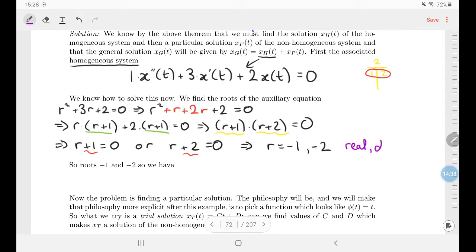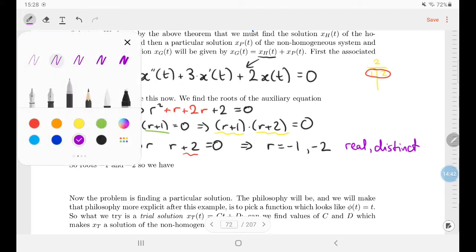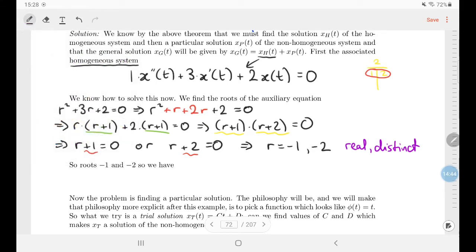So this is the easiest case. In this case, this is now not the general solution, this is the homogeneous. So the homogeneous is the general solution of the homogeneous, okay? General means you capture all the possible initial conditions. Homogeneous means equal to 0. And in this case, xh means the general solution of the homogeneous.